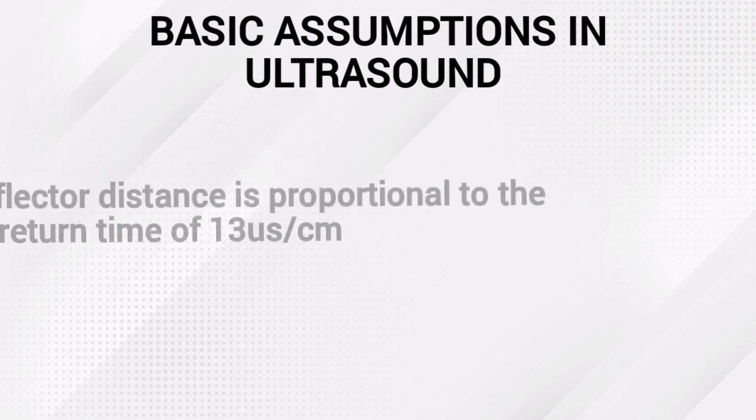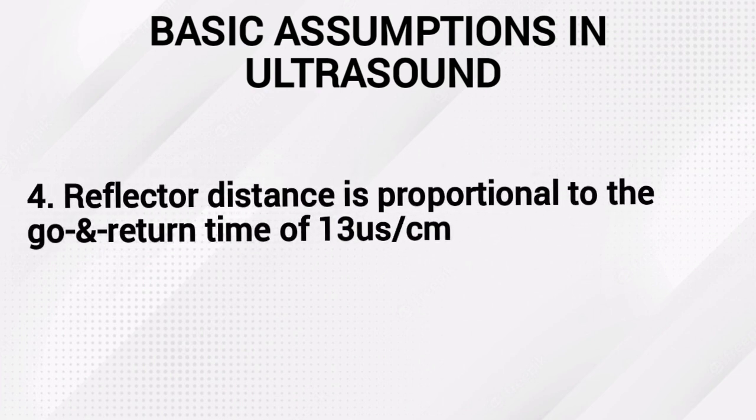Assumption number four, reflector distance is proportional to the go-return time of about 13 microseconds per centimeter. That assumption is not true. The go-return time may be longer or shorter than normal, depending on the actual velocity of sound in the medium.